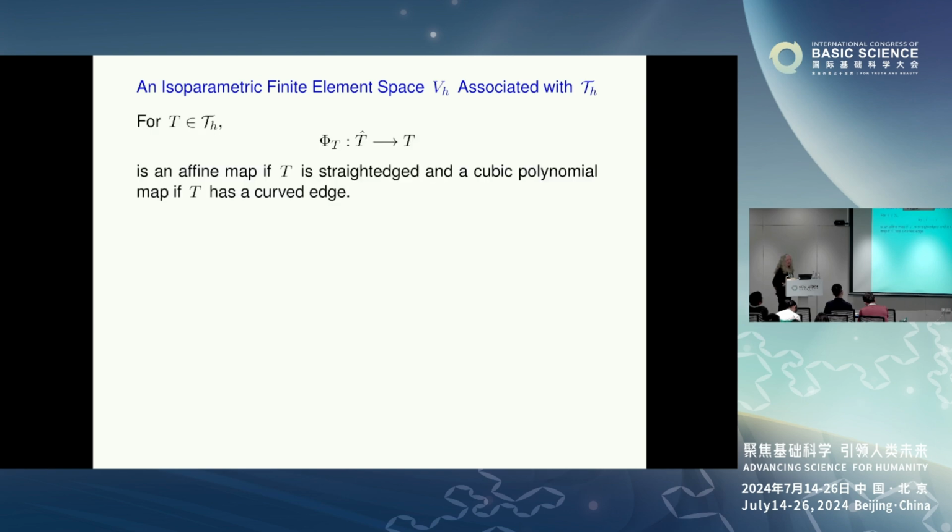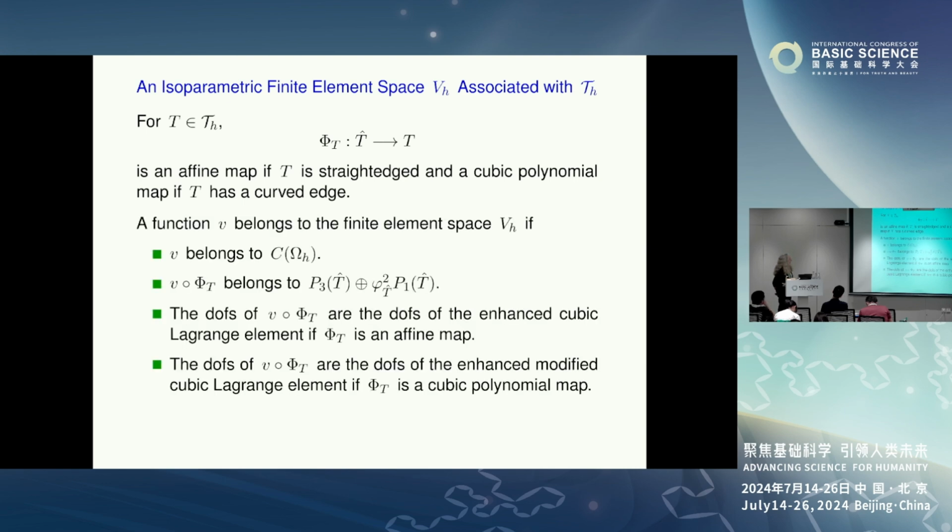For each element T, the map phi T is an affine map if T is straight edged, and it's a cubic polynomial map if T has a curved edge. Now a function v will belong to our finite element space Vh if v is continuous on omega h, and the pullback of v belongs to our enhanced space that we described earlier.